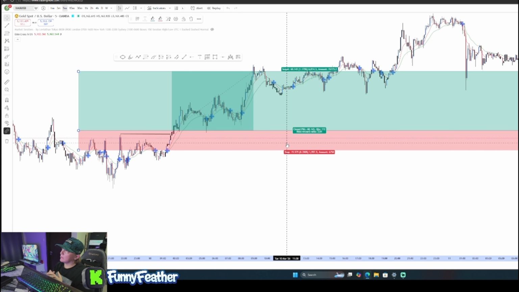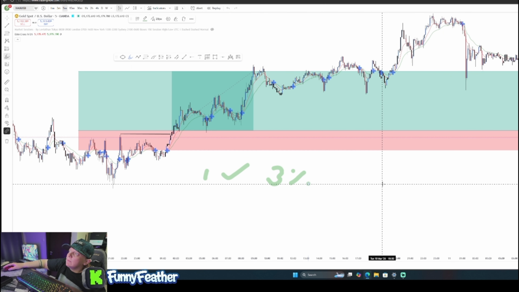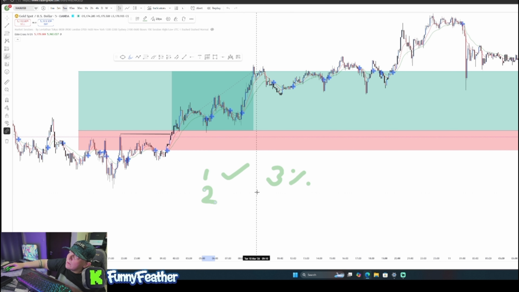So say, for example, we have one trade, and we win it. So we win 3%. But trade number 2, we lose, so we have minus 1%.